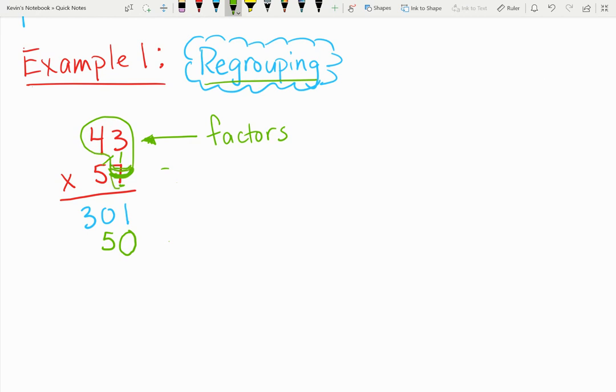Necklace is out. Then we carry the 1 over, and 5 times 4 is 20, plus the 1, 21. So we get 2,150. We call these two things our partial products.